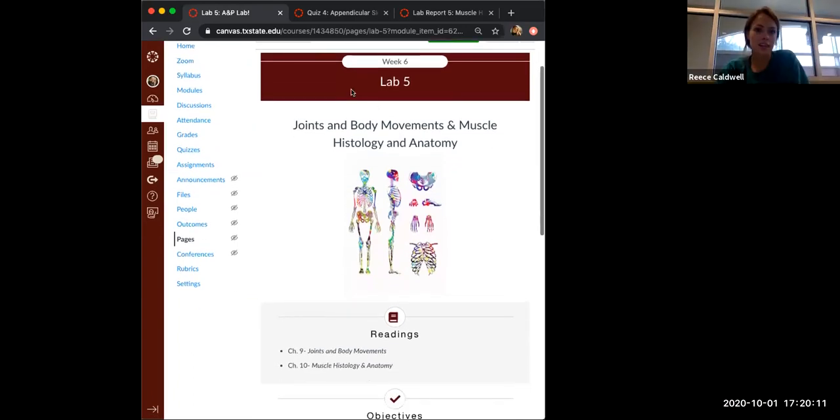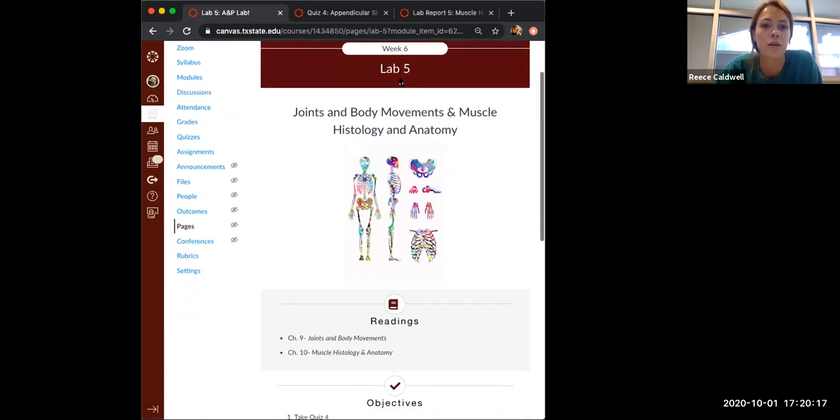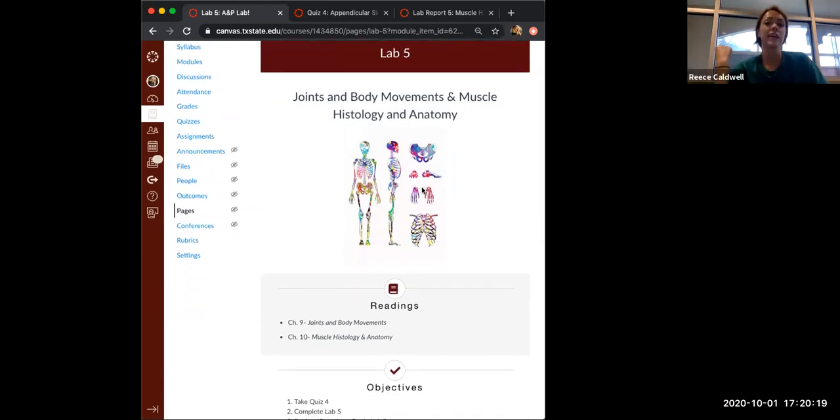Alrighty, so here is today's module. This is already week 6 of lab. We're on lab 5 because we had that 1 week off for Labor Day. And today we're going to look at joints and body movements, which luckily we looked at body movements the very first week of lab. So that'll kind of just be a review of abduction, adduction, flexion, extension, things like that. But then we're going to get into muscle histology and anatomy.